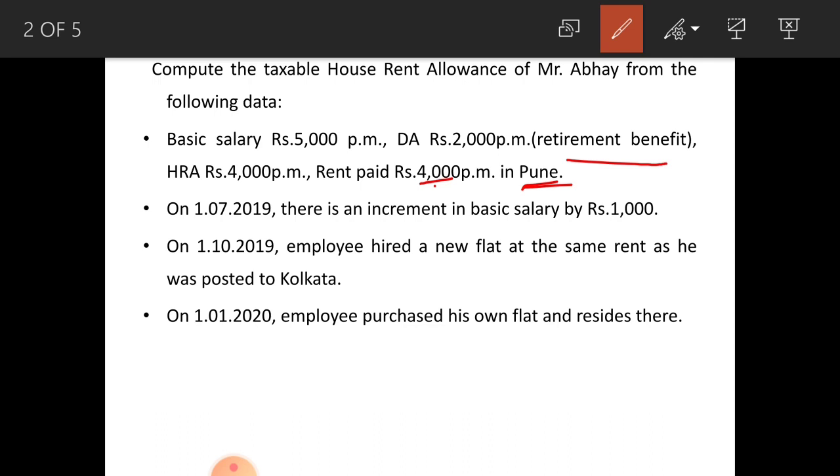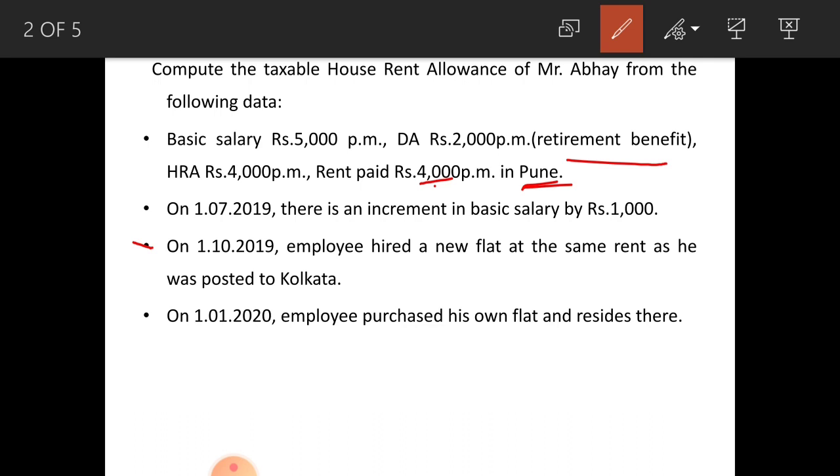In Pune he is paying 4,000 and in Kolkata also he is paying 4,000 per month, because see this information, it is mentioned there. On 1st October 2019, employee hired a new flat at the same rent as he was posted to Kolkata. That means he is paying 4,000 in Kolkata also.